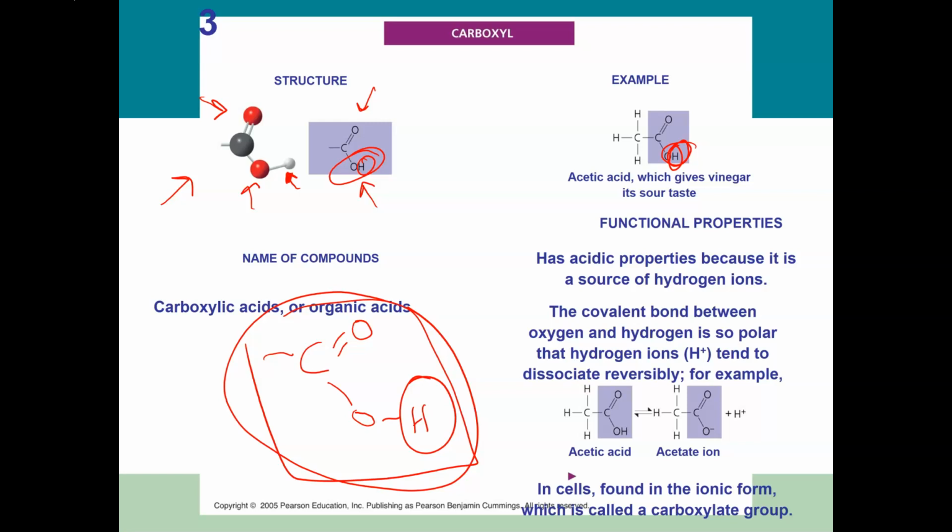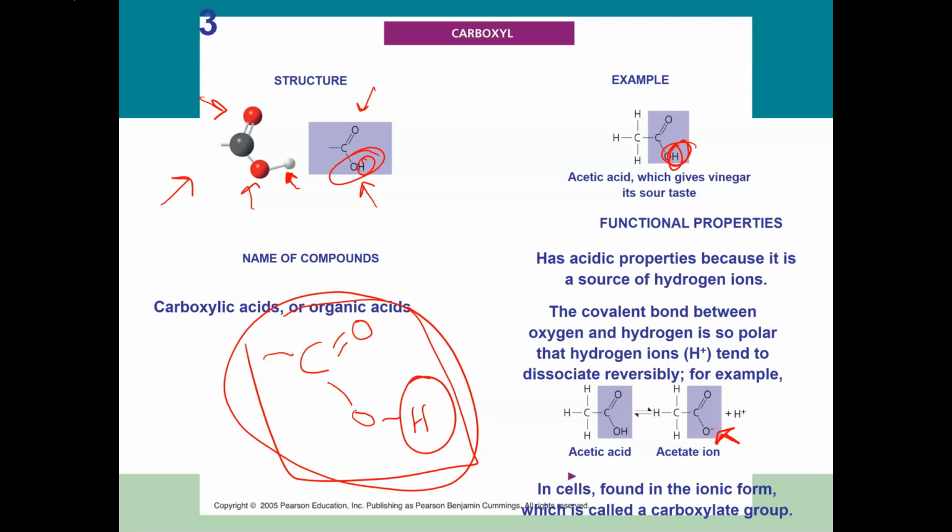So what you can see is that you will end up with an anion, because that oxygen will give up the hydrogen ion. It will keep the electron and let the proton of the hydrogen go. The hydrogen ion floats away, and therefore a molecule with the carboxyl group is acidic because the carboxyl group gives up that hydrogen. So as you can see, the carboxyl group itself has functional groups within it, the hydroxyl and the double bonded oxygen.